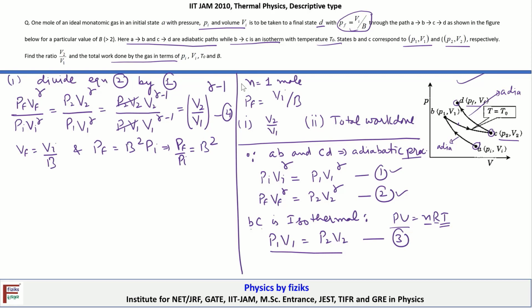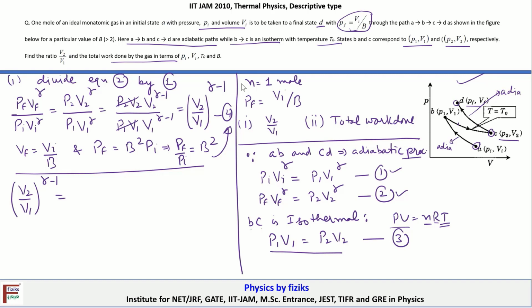Now we will make use of this result in equation 4, so put these values in equation 4, then V2 upon V1 power gamma minus 1 is equal to PF VF power gamma. So now we are going to substitute these values here.